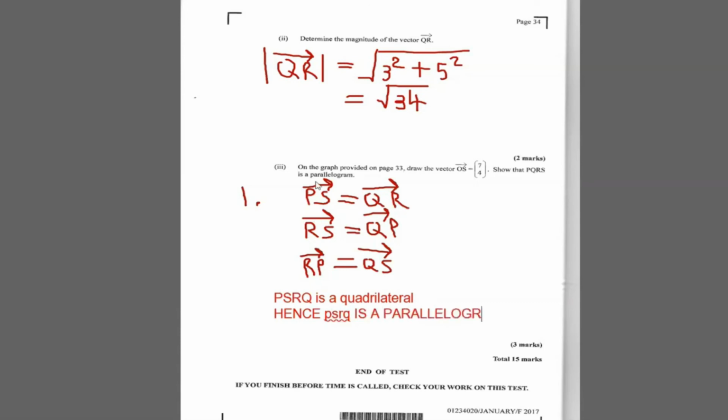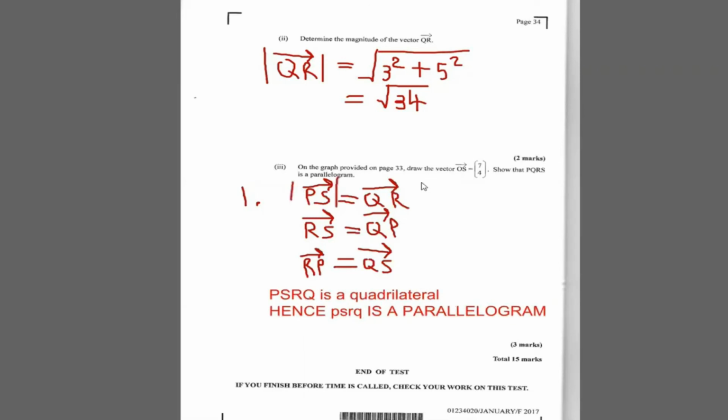Once you show these three, then we're good. Because what that means is that all of their lengths are equal. The length of vector PS is equal to the length of QR. The length of QP is equal to the length of RS. And the length of RP is equal to the length of QS. So clearly it's a parallelogram. Nice and easy.